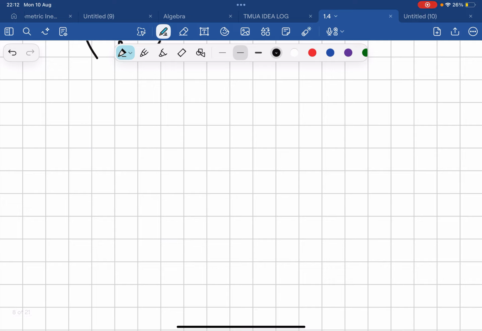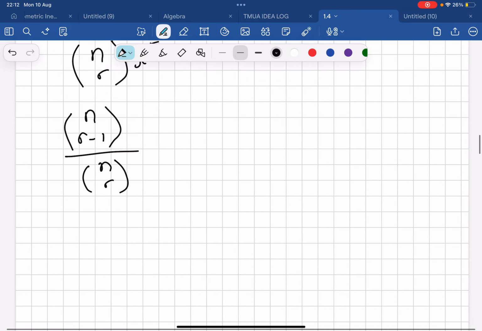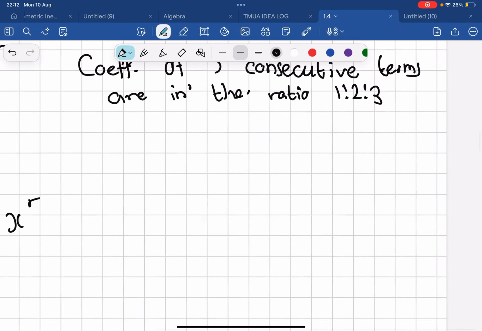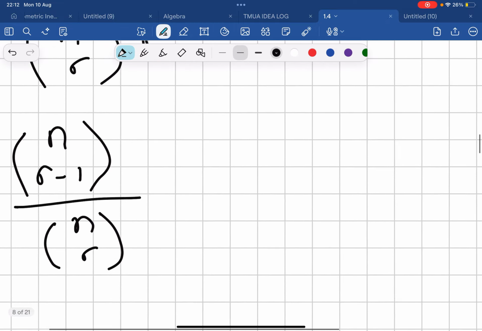So let's start off with n choose r minus 1 over n choose r. So we've just picked up 2 consecutive terms, and that would be equal to, if we're just looking at the first 2 terms of the ratio, then we just have 1 over 2.